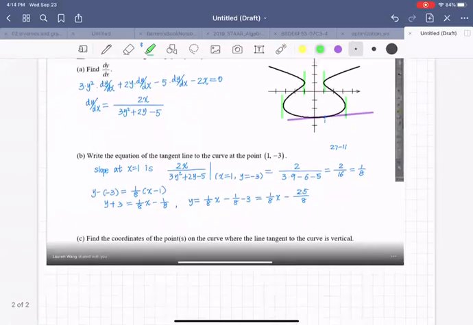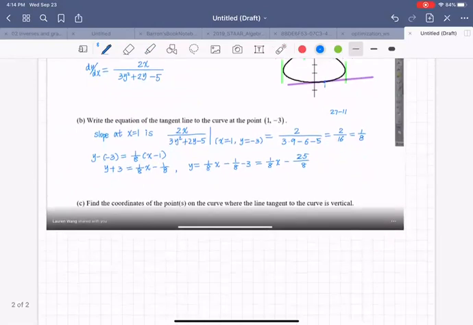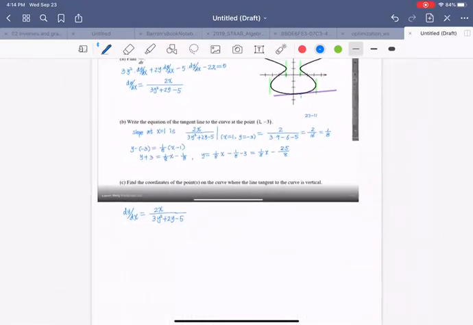If you want your tangent line to be vertical, that means your derivative is going to not exist. We are looking for the position where the tangent line is vertical. In another way, this guy does not exist.